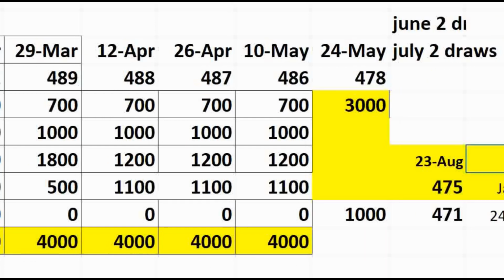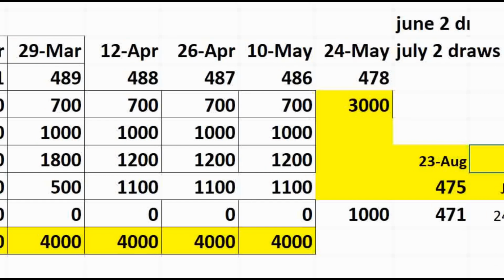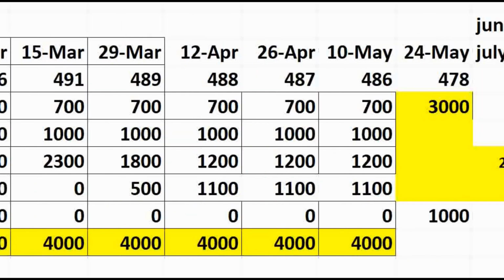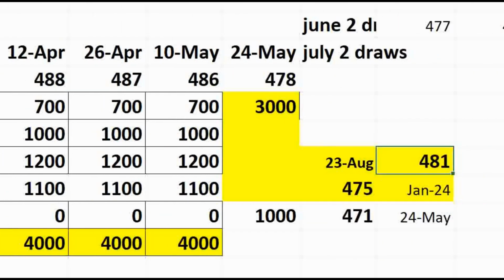So if we have to get a cutoff score of 475, that means we have to lower the cutoff score by 5 points from 480, and in order to lower the score by 5 or 6 points, we need some.